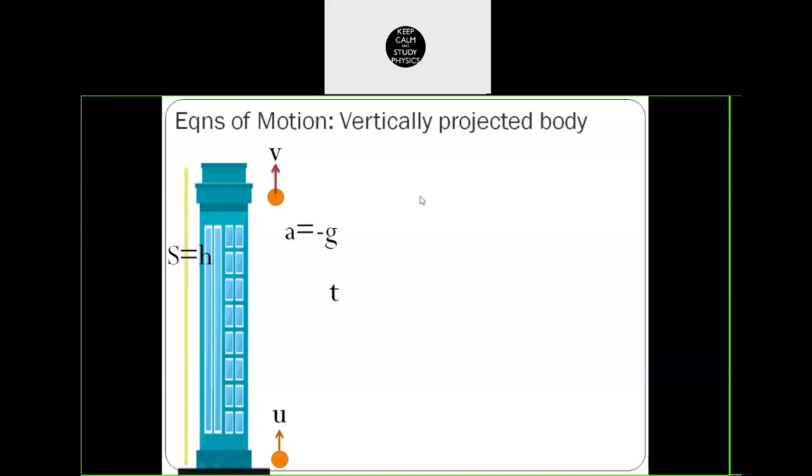And what are the things that are going to be modified here? Earlier it was displacement. Now it becomes height. I'm just comparing between horizontal and vertical motion. So for horizontal motion, earlier it was displacement.